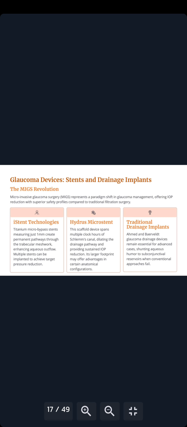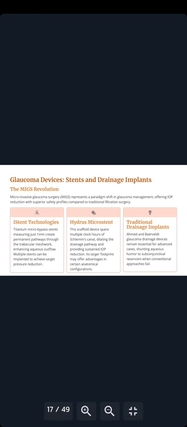So, of course, it has a larger footprint because it depends on the anatomy of your patient. What do these microstents do? These scaffold devices are put inside and open up the Schlemm's canal very well.